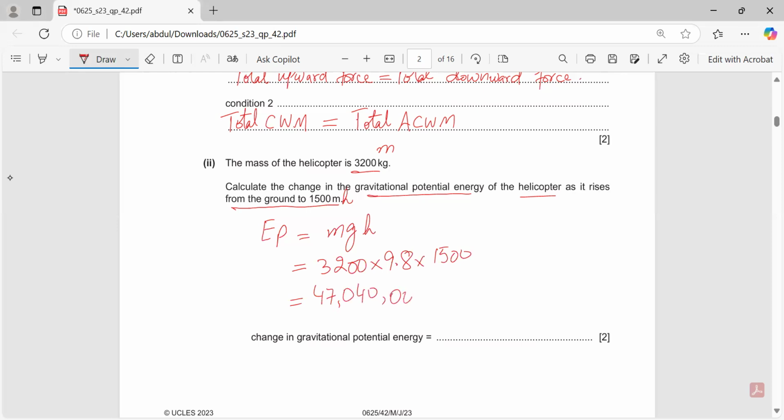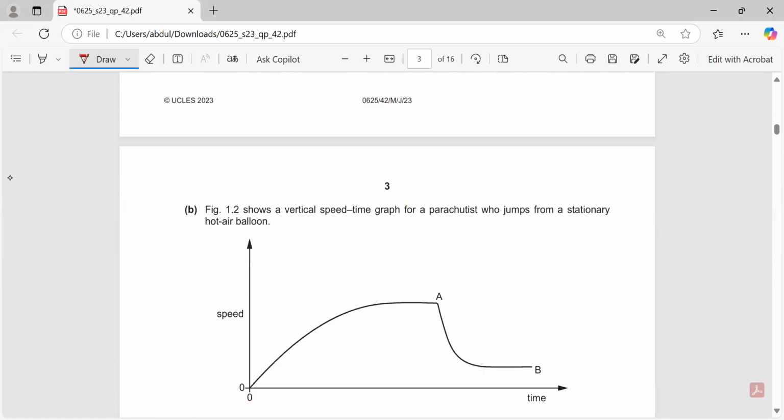We cannot write this much long answer, so simply we can write in standard form 4.7 times 10 raised to power 7, but don't forget to write the unit, which is joules. So the change in gravitational potential energy is 4.7 times 10 to the power 7 joules. I'm sure there will be no problem here. So let's proceed forward.